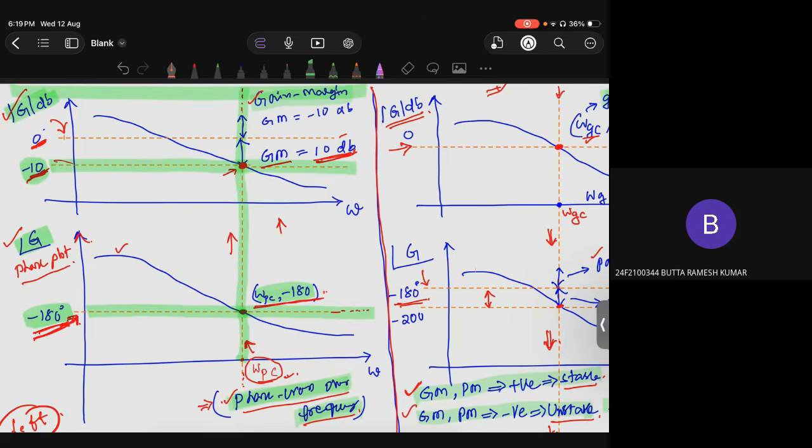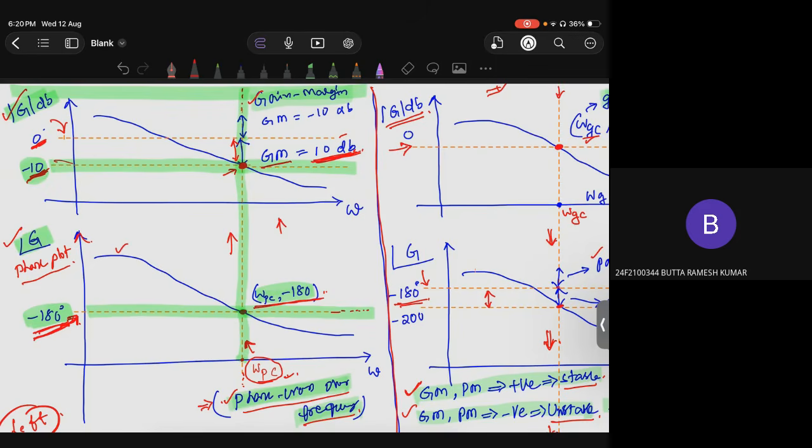Minus 10 means how much it deviates from 0? 10. So that will be your gain margin. It means if you push your curve up by 10 dB, you will reach 0. So the gain margin in this case is 10 dB.